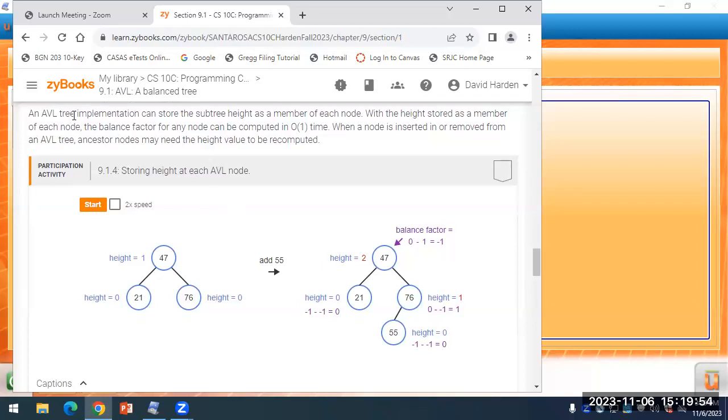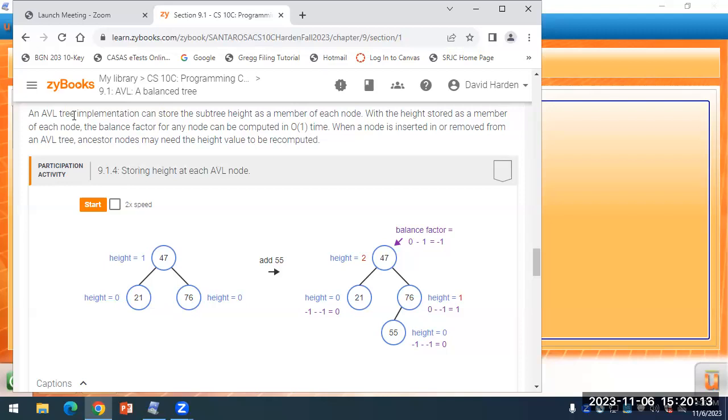One possible implementation of an AVL tree is that you store the subtree height as a member of each node. That's pretty common, right? Because otherwise, every time you need to move something around, you have to recalculate the height so that you know that you're keeping it balanced.